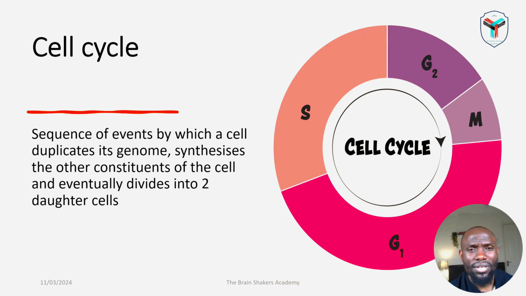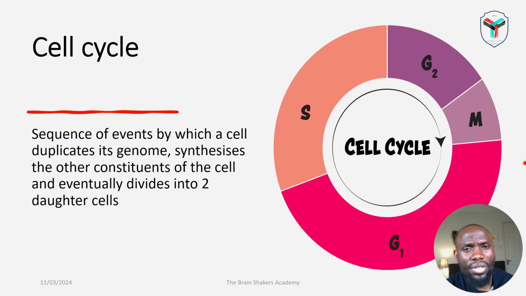Now, the cell cycle has a number of phases. We have what is known as the interphase, and we also have what is known as the mitotic phase. Now, during the interphase, the cell will go through the G1, which we call the gap 1 phase, and then they get to the second phase, which is the synthesis phase or the DNA synthesis phase, which is this S here, and then they go into the G2, which is the gap 2 phase.